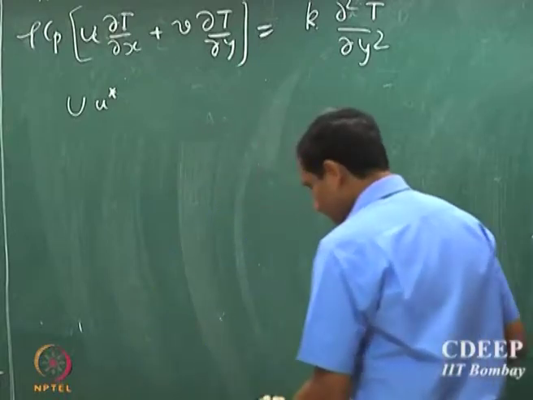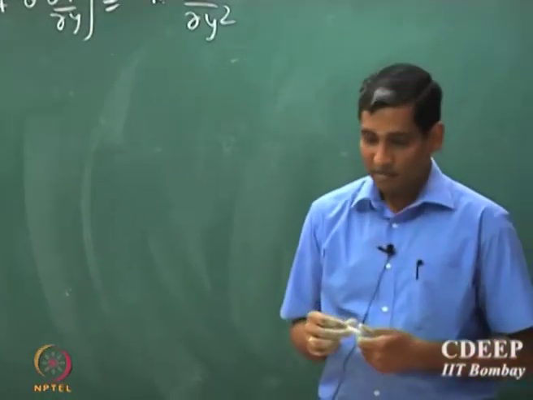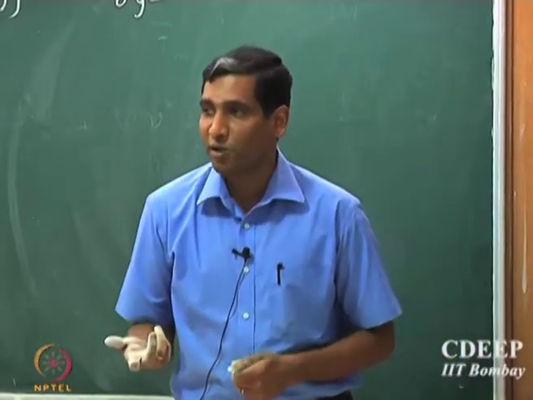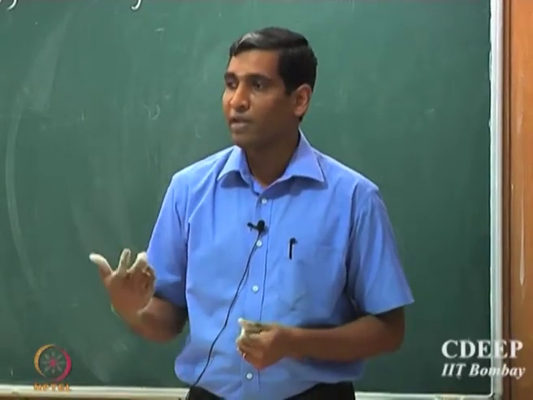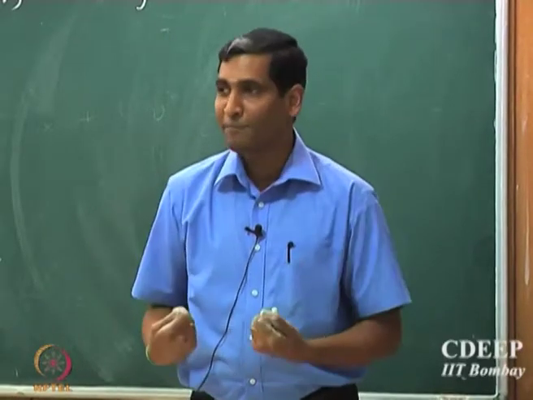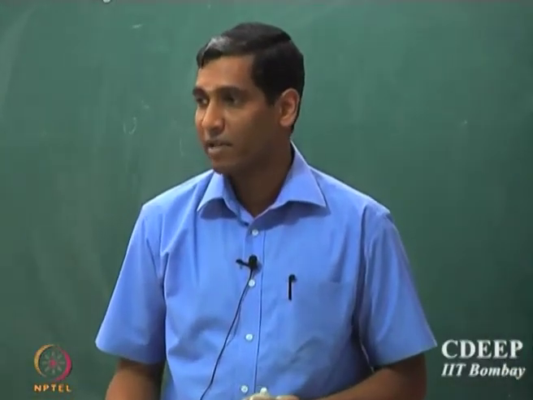Now I said that we scale it with T infinity, but remember when we defined the heat transport coefficient, we said that it is always a function of the temperature of the surface. So it is better to incorporate the temperature of the surface also in the scaling, okay.